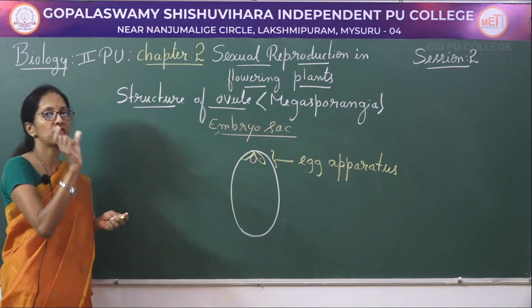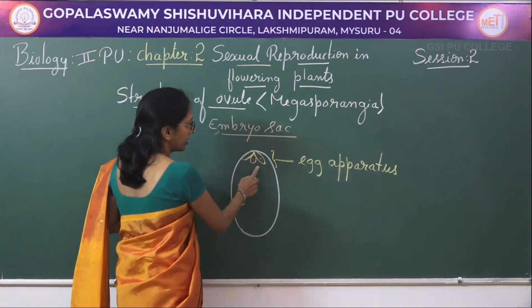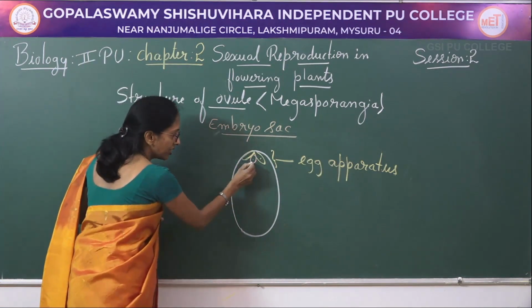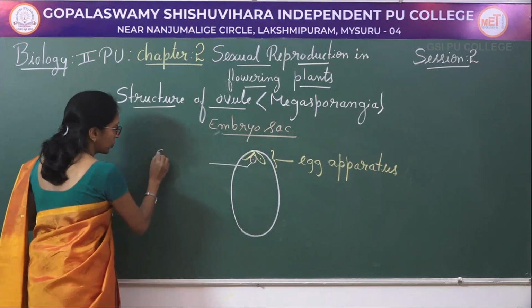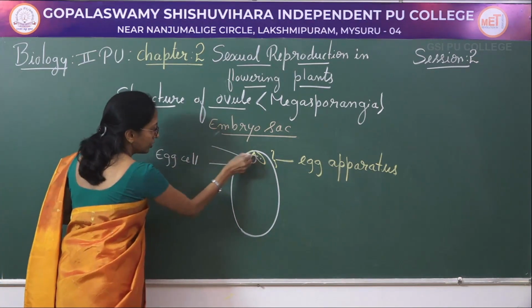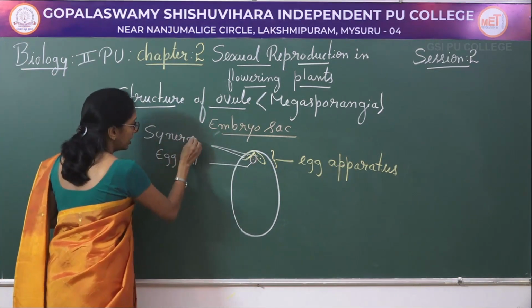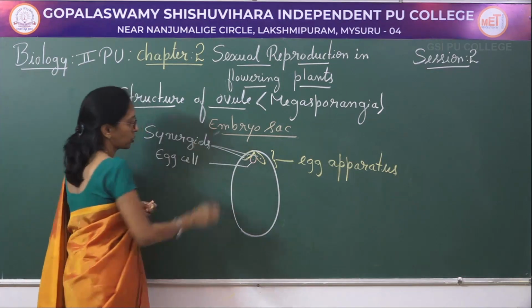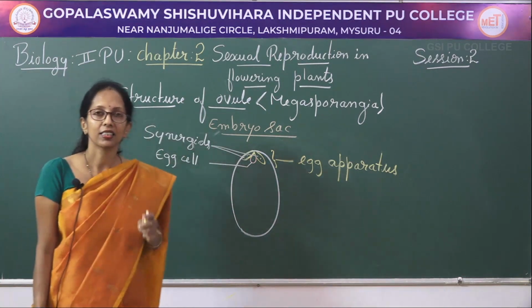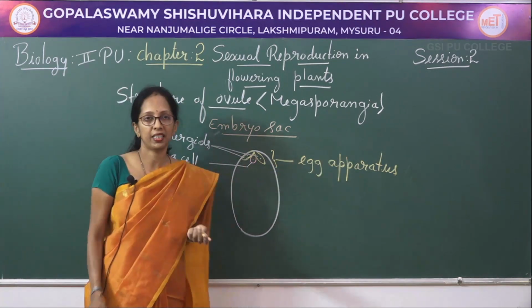Out of these three, the center one is said to be egg cell, and these two cells are said to be synergids. So synergids and an egg cell together are commonly said to be egg apparatus.